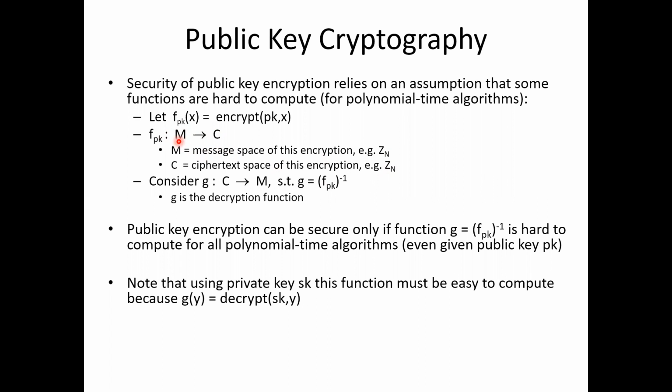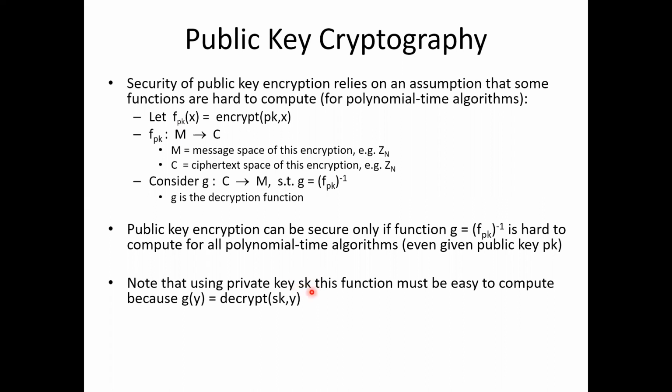Okay, but there is also something else that has to be true, that there is some private key that can be generated that would work like a trapdoor to this inversion function.